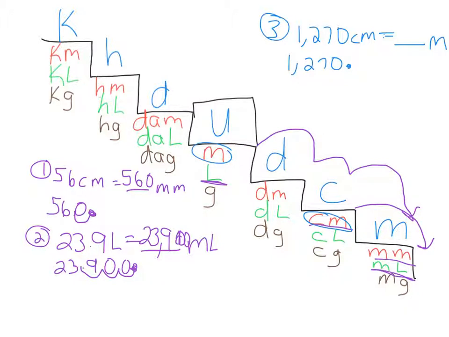There's meters. This time I need to climb the stairs, so I'm going to go up. And so I can see that I need to show that I'm going up the stairs, and I need to move the decimal 1, 2 places, but this time to the left. 1, 2 places to the left, and I'm going to have 12.7, 12 and 7/10 of a meter.